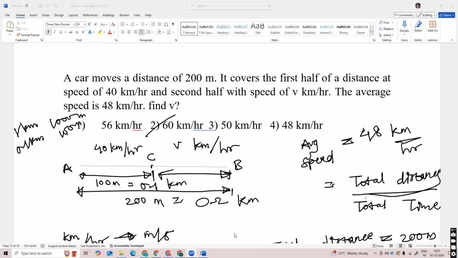Please type it so we can move towards acceleration. Okay, fine. Give me a minute. We will move towards acceleration now.